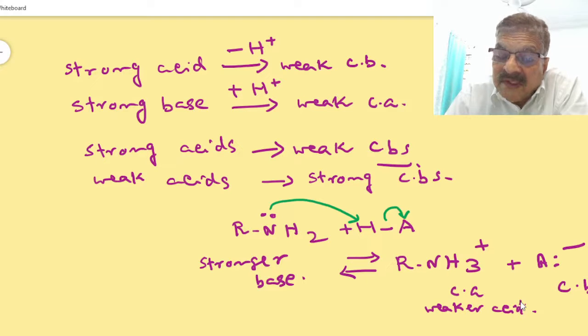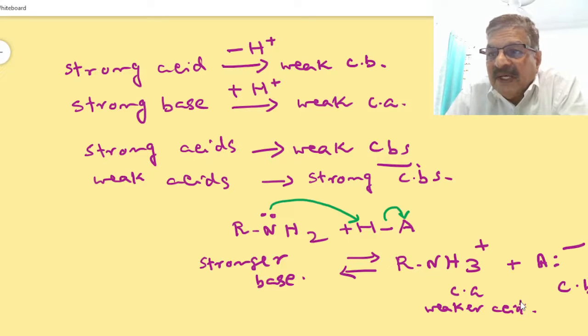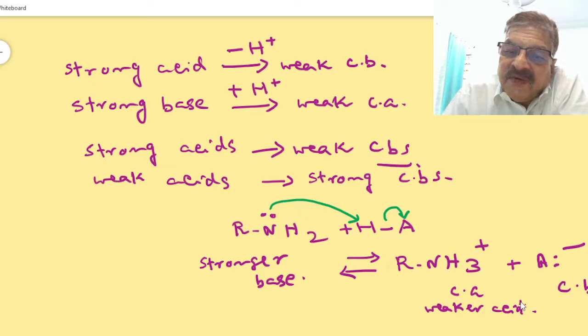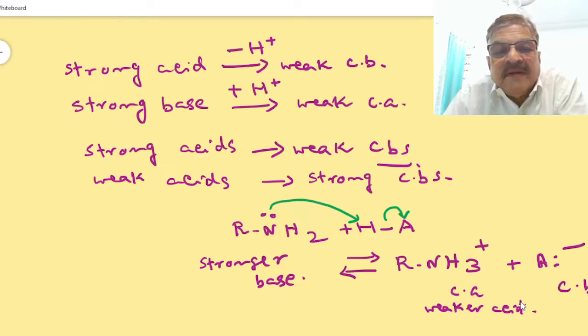In the reverse direction, the weaker the conjugate acid, the higher the pKa value, because a lower pKa means a strong acid. So the weaker the conjugate acid, the higher the pKa and the stronger the base.